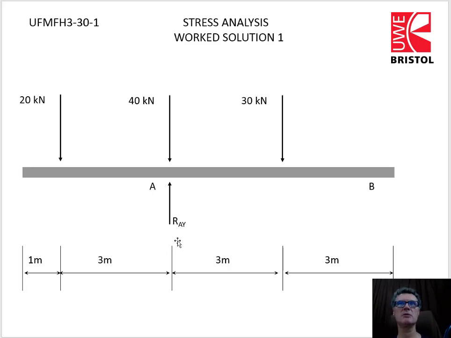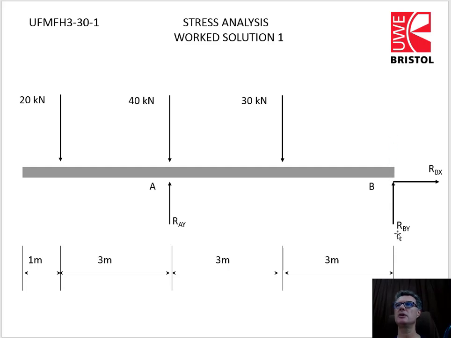and I've decided that's going to be my point A, first point of interest. So my reaction is going to be described as R subscript A. Because this reaction is pointing straight upwards in the Y direction, I'll call it R subscript A Y. So that's now replaced the roller, and we don't need any more reactions there.